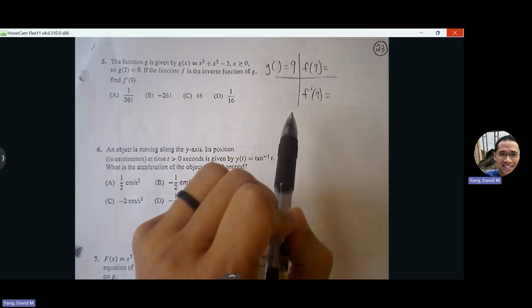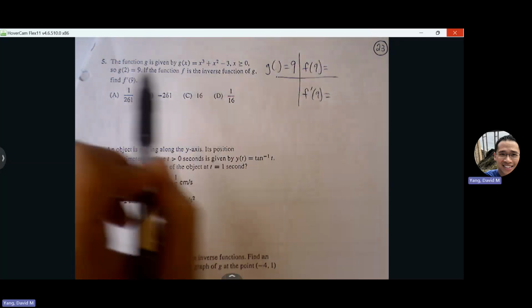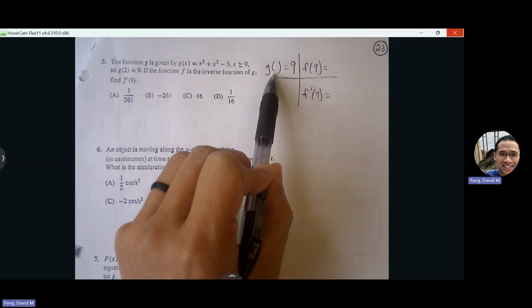And now I'm just trying to fill in the blanks here. It's nice that they're giving you the ordered pair. They're not going to make you go through guess and check or trial and error.